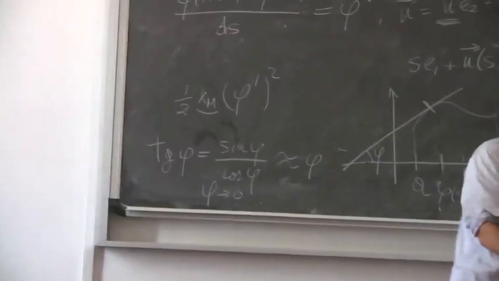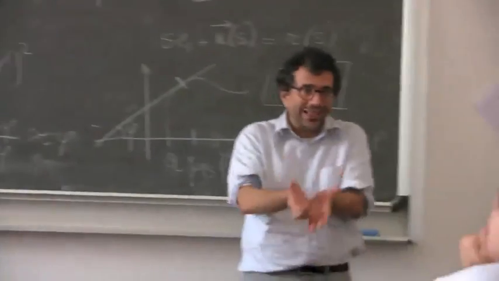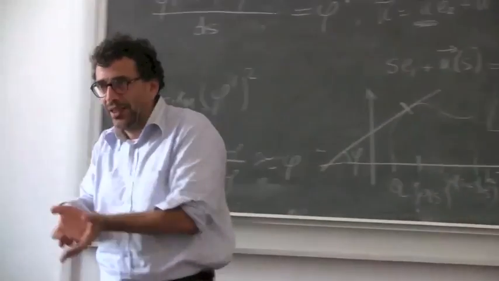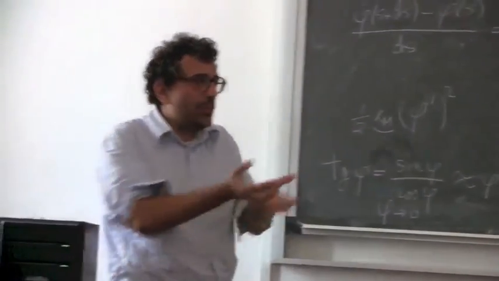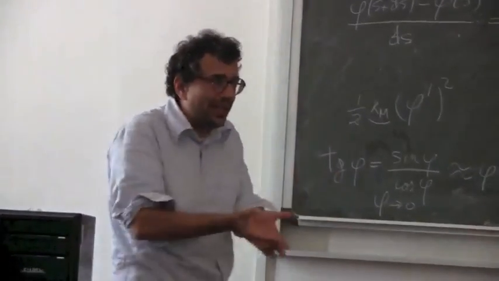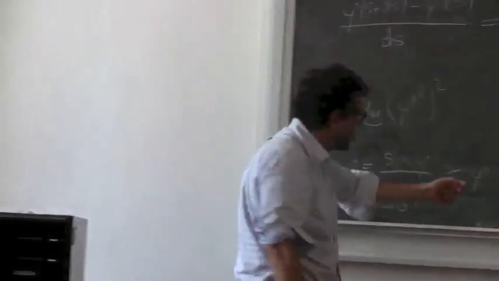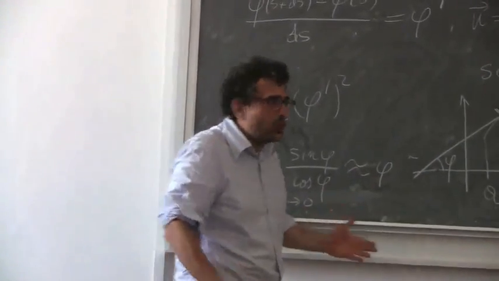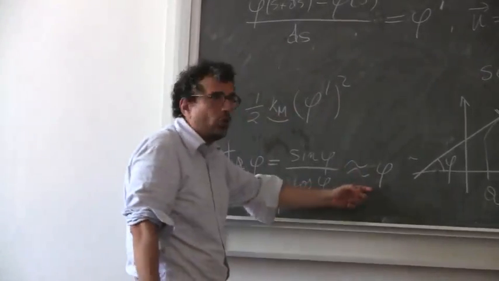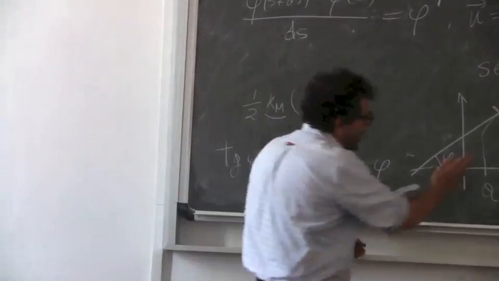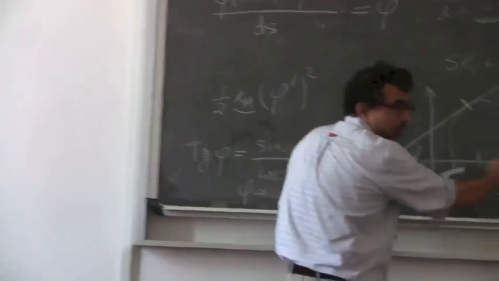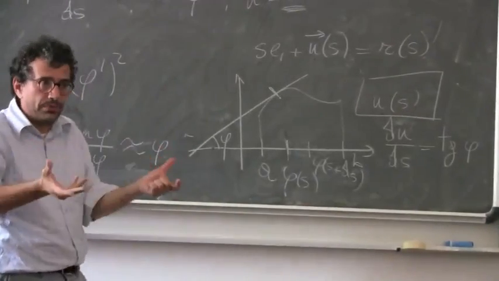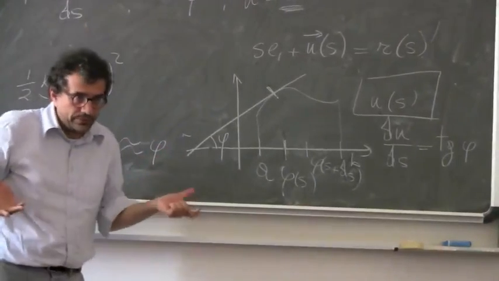Okay, this is a Taylor expansion. Check that the Taylor expansion of tangent phi in the neighborhood of phi equals 0 has as a first term phi. Okay? So this is true when this angle is small. So you have a small deformation of your beam. We can do it.